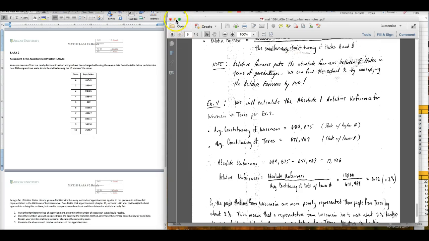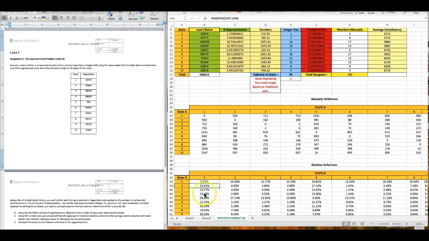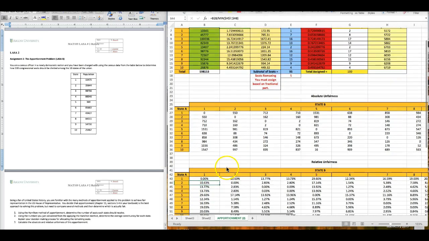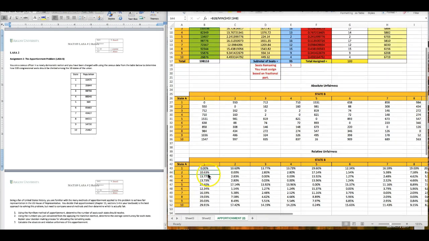And so my point here is that when we do these calculations for this particular table, that's all we're doing. We're taking the average constituency for each state, comparing state 1 to state 2, state 3, state 4, state 5, all the way to state 10. And we're doing an absolute unfairness and just dividing it by the smaller of the average constituencies to get these numbers here.